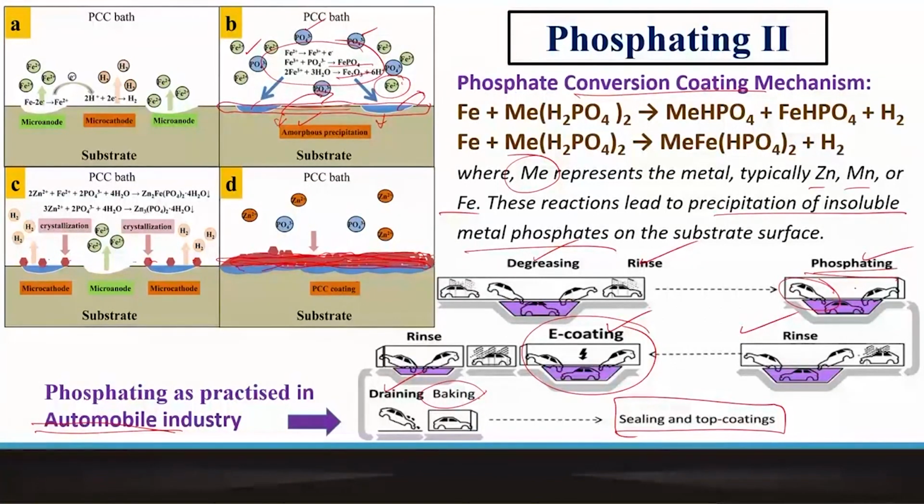This phosphating acts as a primer on which such paints are applied, and the paint now enjoys better adherence and stability on the metallic surface. A steel sheet, for example, directly given this kind of paint or coating will not be as adherent as when you go through the intermediate process of phosphating as a primer coating and then subject it to painting.